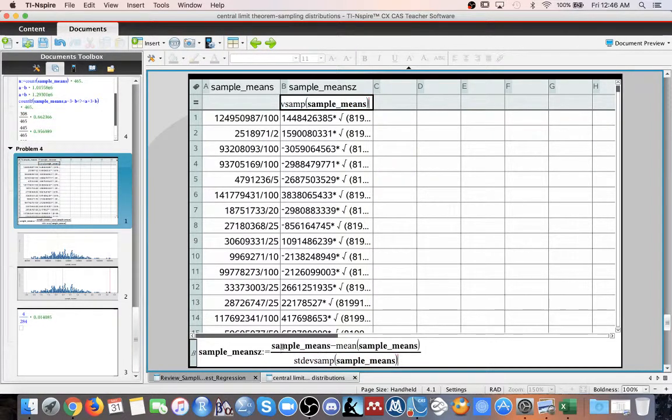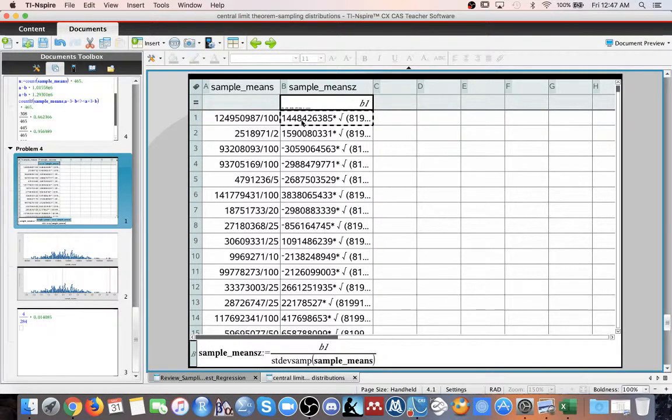Well, in this case, the numerator here is the distance that a point is from the mean, and you're saying how many groups of a standard deviation are there in that distance? How many standard deviations are there between the mean and that value? That's all a z-score is. It's a rather simple equation.